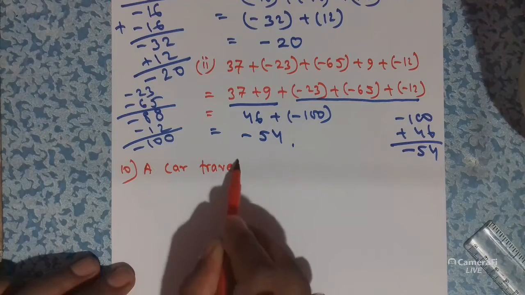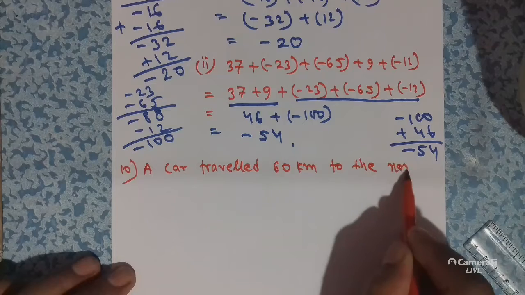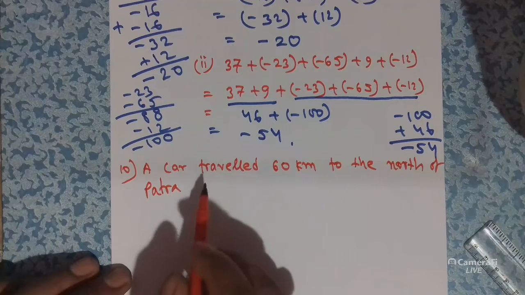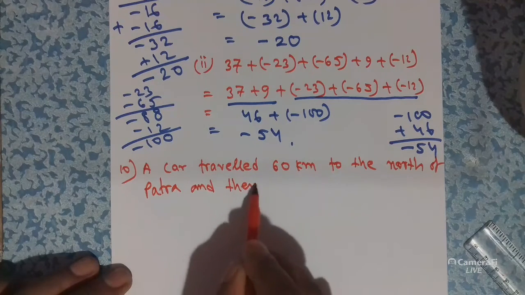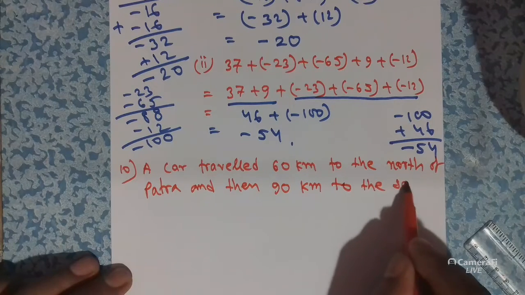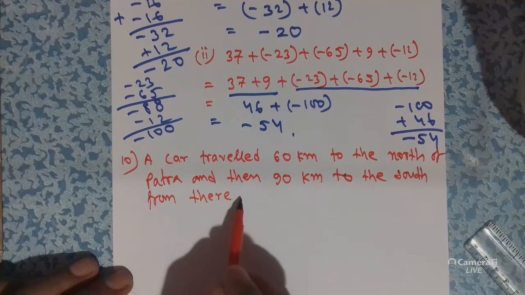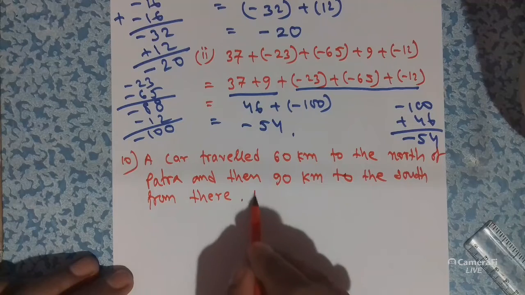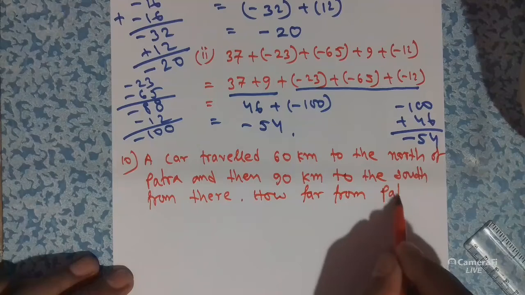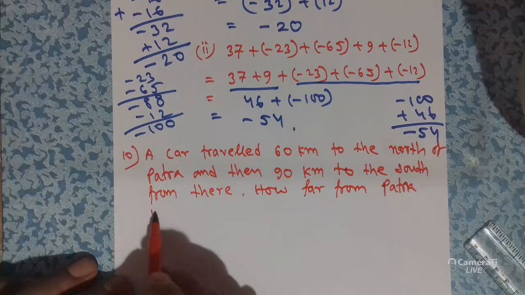A car traveled 60 km to the north of Patna, and then 90 km to the south from there. How far from Patna was the car finally?